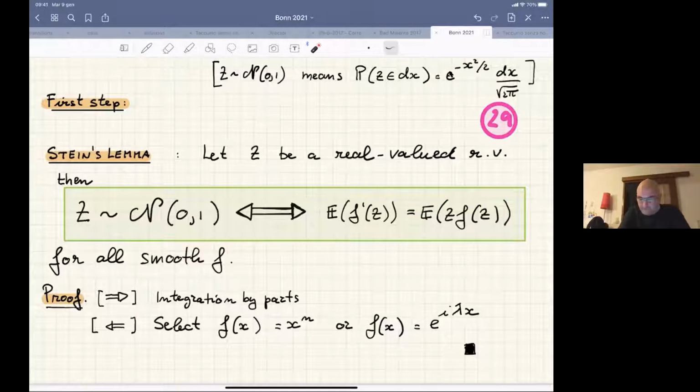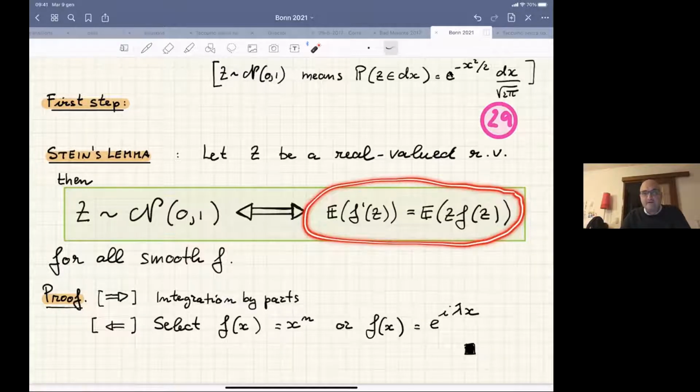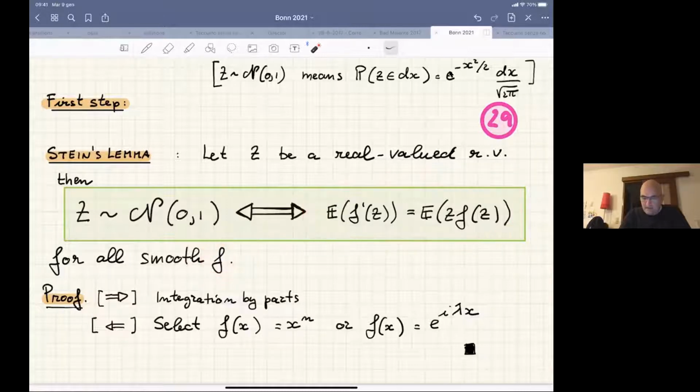The proof of this is elementary. In one direction, if Z is Gaussian, this identity can be proved by integration by parts. I'm not specifying the exact degree of regularity of the function f; it is not very important at this point. On the other hand, if you want to go in the other direction, to prove that if a random variable verifies this, then it is Gaussian with mean 0 and variance 1, you have at least two routes, actually many routes.